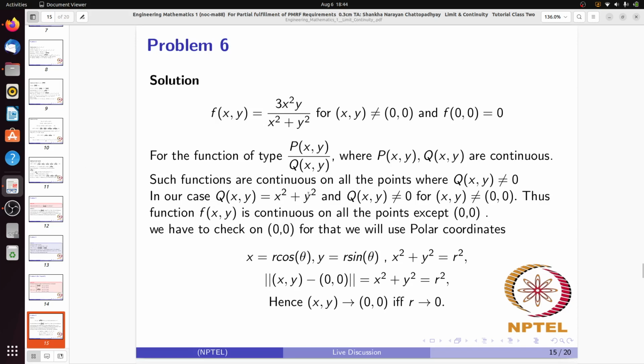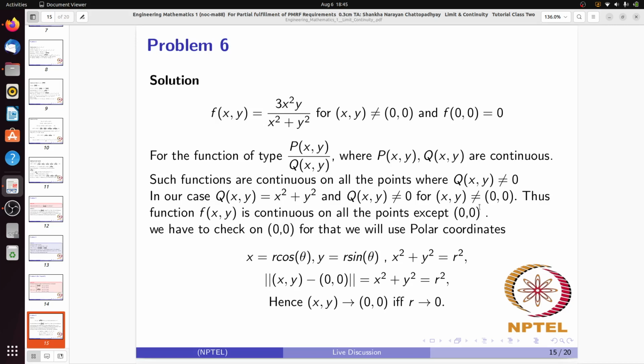In our case, q(x,y) equals x square plus y square, which vanishes only when (x,y) equals (0,0). So q has a problem only at the point (0,0), and thus f(x,y) is continuous at all points except (0,0). We have to check at (0,0).